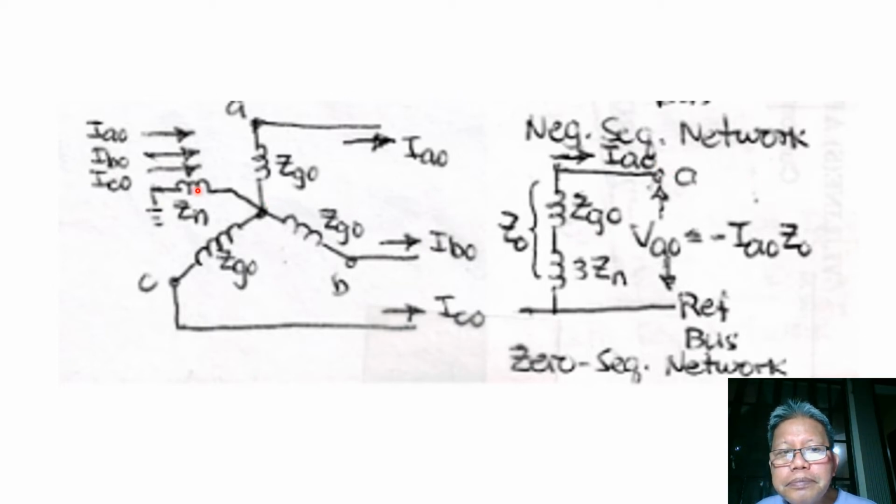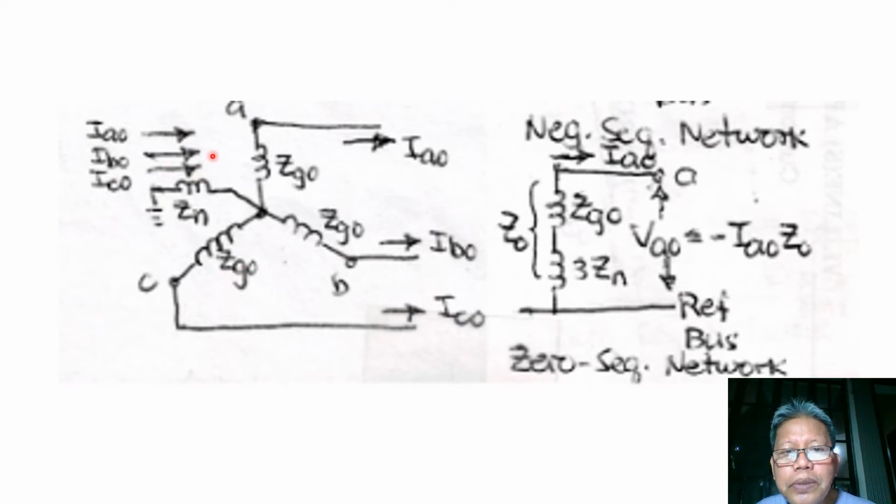Because IA0, IB0, and IC0 are equal, they encounter the same reactance in the windings of our generator. So that's why we have here equal zero sequence impedance of our generator, Z sub G0, Z sub G0, and Z sub G0.